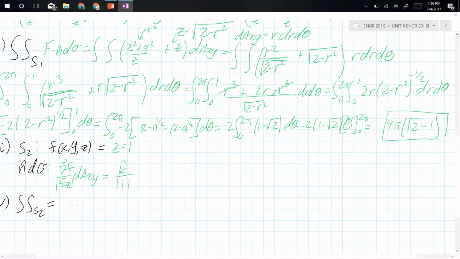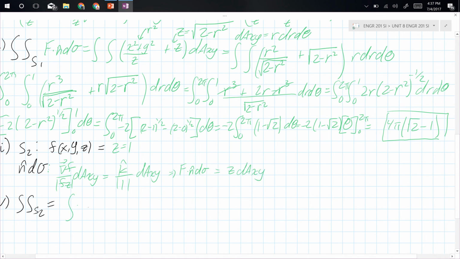Then our dA, let's leave as dA_xy. And we dot this with our F, where F is xi plus yj plus zk. Since the n hat d sigma does not have an i or j term, it'll just be zk dotted with k dA_xy, so it ends up equaling z dA_xy.